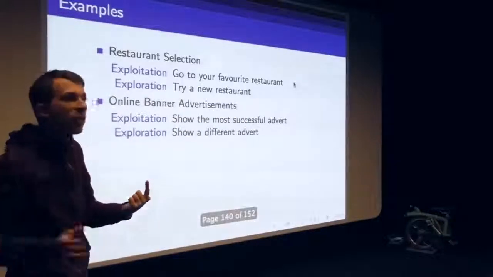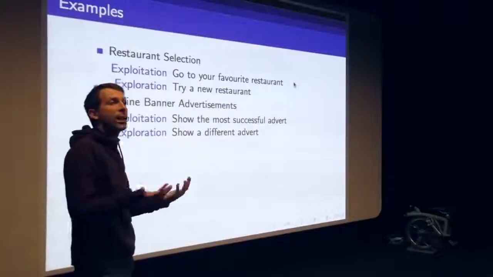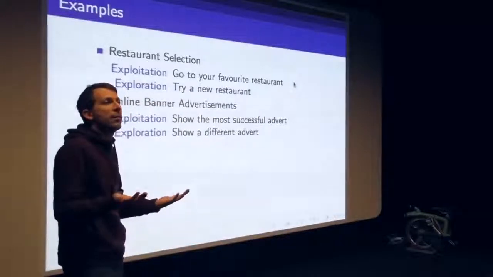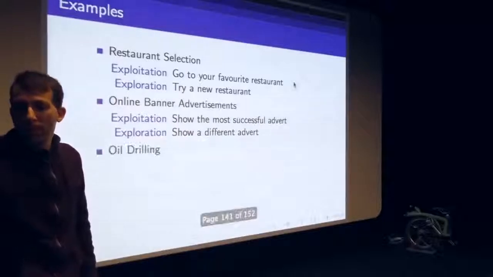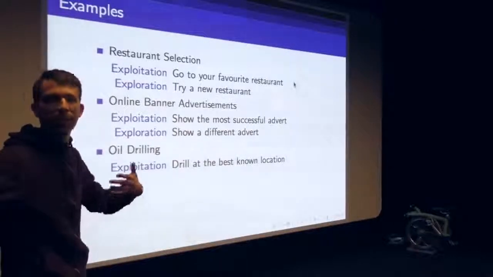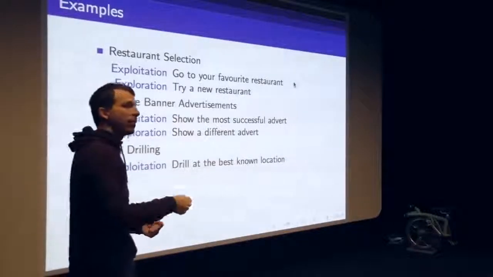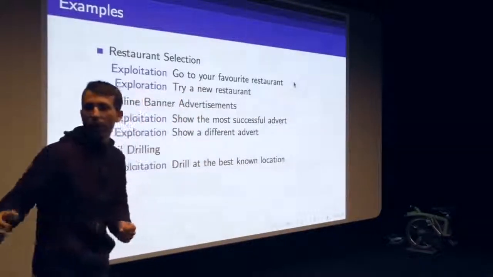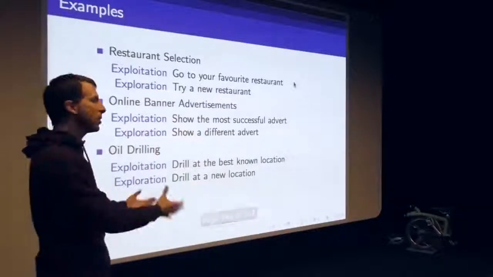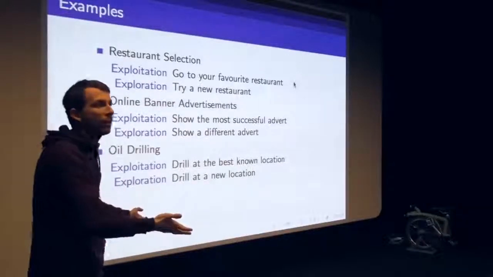But sometimes you also need to explore and show some different adverts that haven't been displayed before to see if people will click on them. Maybe those adverts will turn out to be better and make more income. Or oil drilling: you might want to drill at the best known location, so you know that there's likely to be oil over here, so maybe you just keep drilling and drilling. But sometimes it might be a good idea to try some new location, drill down a bit, and see if there's oil there.